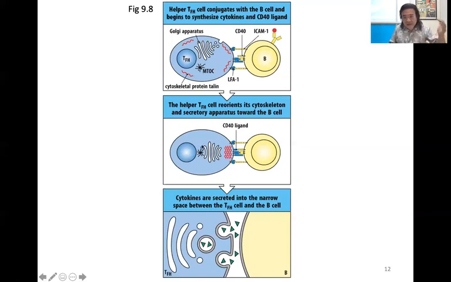That causes the helper T cell to rearrange its internal protein manufacturing equipment so that preferentially these little green triangles, the cytokines, are sent to the B cell that it's synapsing with. So it's not just a big messy cloud of green triangles coming out from this T cell.